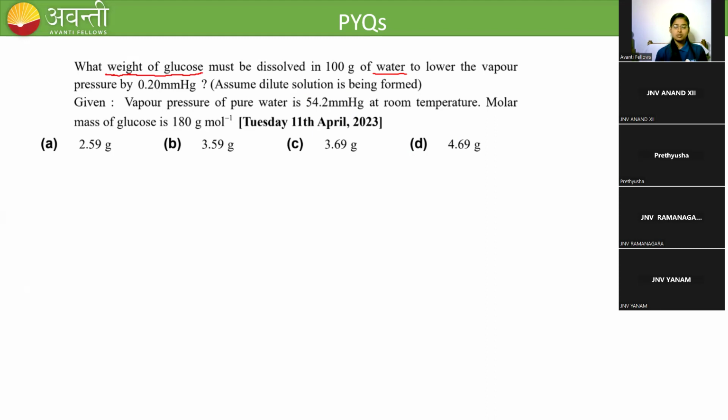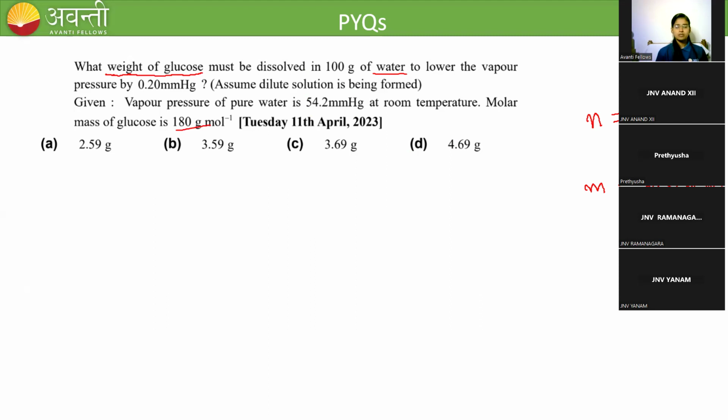Okay. So to find out the mass value, we know that number of moles is equal to mass divided by molar mass. So from this, mass is equal to number of moles into molar mass. So we need to find out the number of moles and the molar mass of this substance. Molar mass is given here as 180, and we have to find out the number of moles of this glucose.